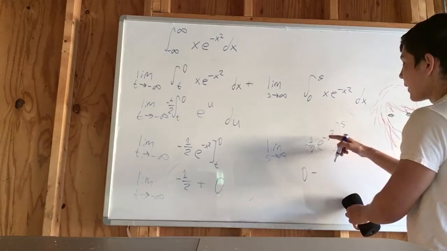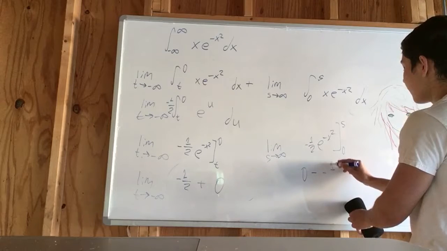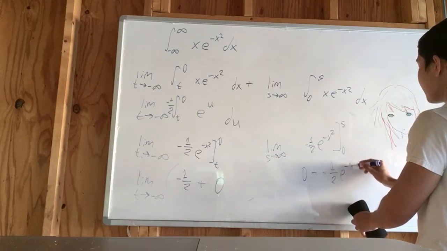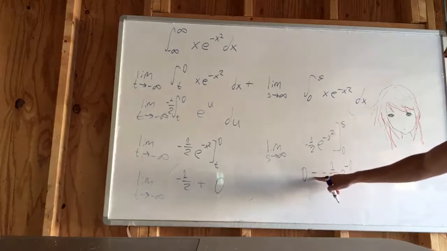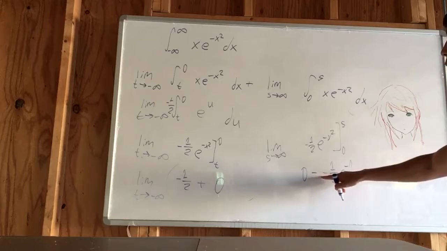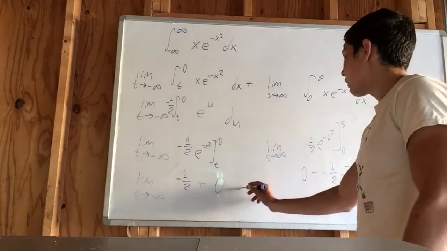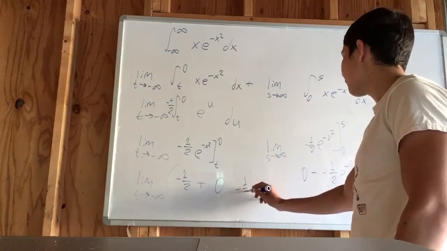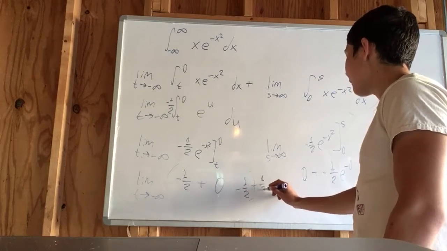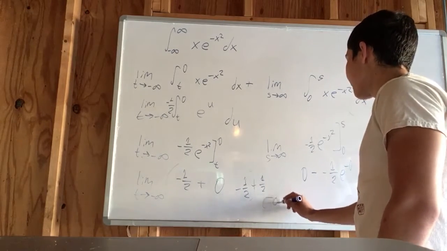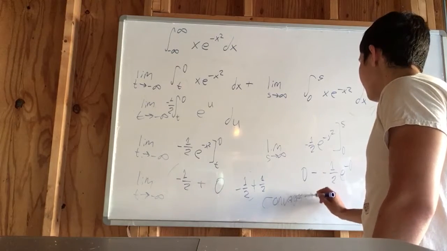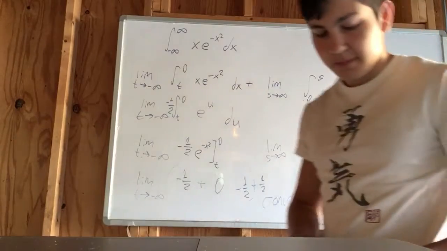And if we plug in 0 here, we're going to get positive 1/2, because we're double subtracting. So this converges. Negative 1/2 plus 1/2 converges to 0.